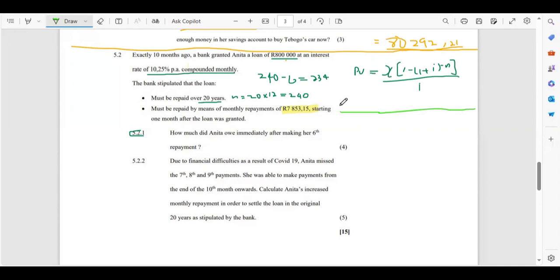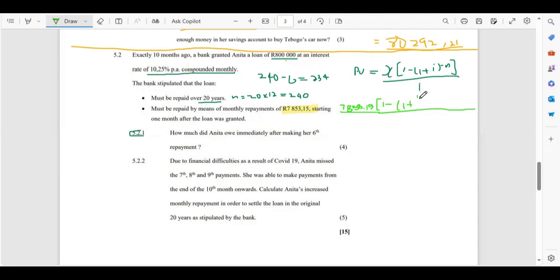Starting off with our value of x, which is 7,853.15. Now, square bracket, 1 minus, so this is 1 plus my interest. Now, my interest was how much? So it was 10.25%.